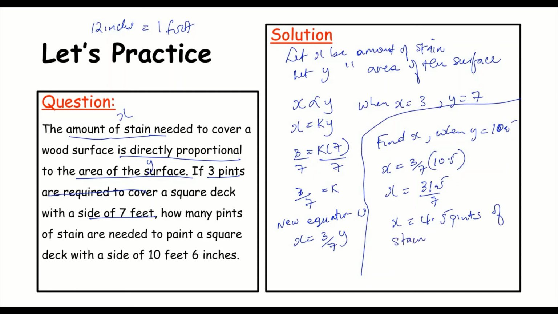Same thing, more stain, change the color of the thing, like paint. Alright, so 4.5 pints of stain to cover 10.5 feet area. Alright? And we could work this many other ways, but we're just choosing to work it this way for this question.